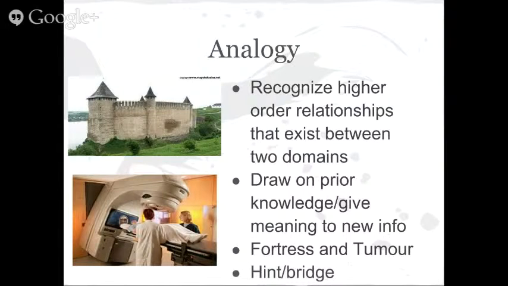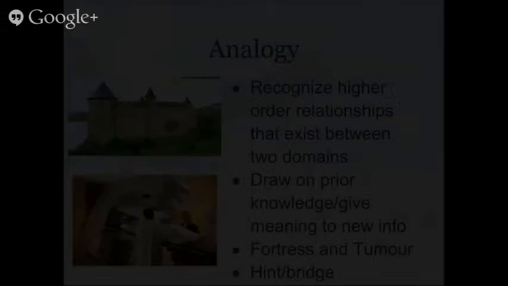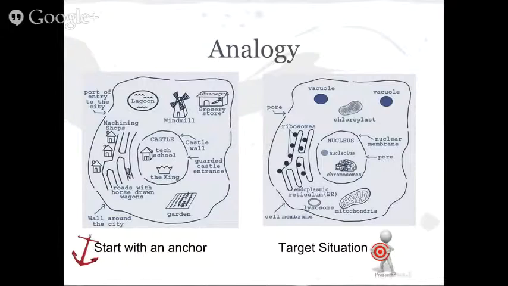What they found in that research is that people really needed a hint or a bridge to make the connections. If we link that to science education at the secondary level, we can see the use of analogy with learning something like cell science. You want to start with an anchor situation, something that they know really well. In this case, we're looking at a city, so they can understand the parts of the city.